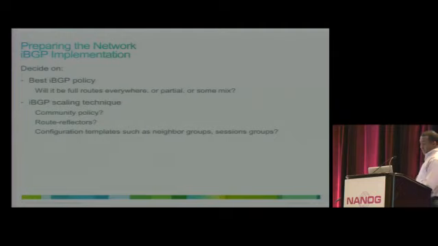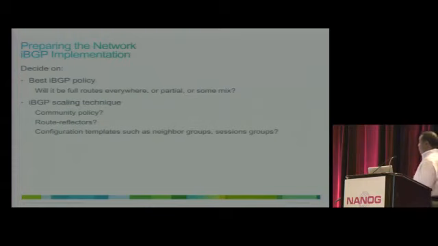So now you have to decide on policy. Do I want to have full internet table everywhere, or partial somewhere and full somewhere, or no IBGP somewhere and full IBGP in some places? Depending on your circumstance, you'll decide that.